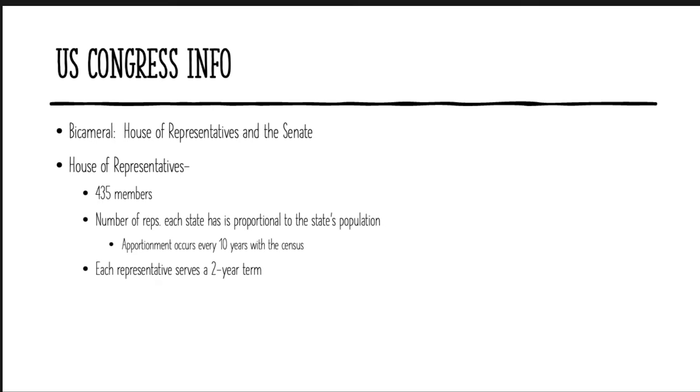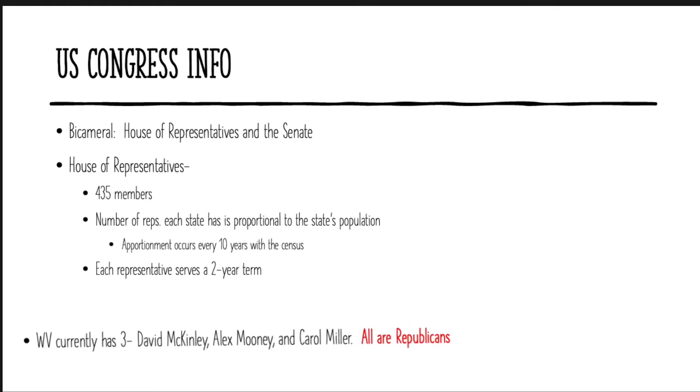All right, now what state do you live in? West Virginia. Is our state big in population or small in population? One of the smallest states in terms of apportionment in the House of Representatives. And West Virginia currently has how many members in the House? 3.